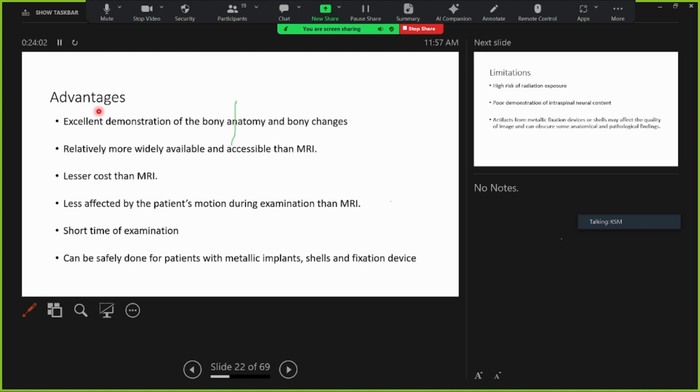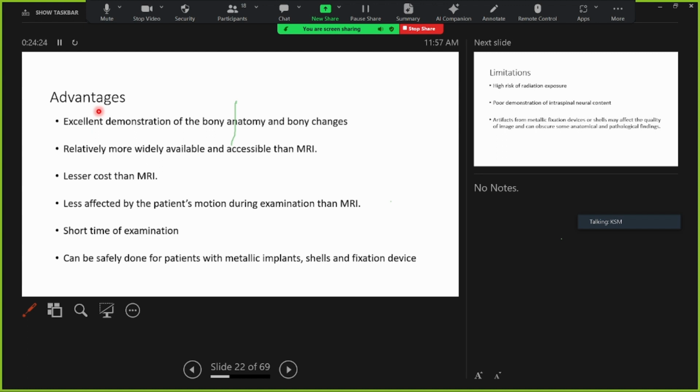So the advantage: it's an excellent demonstration of bony anatomy and bony changes. And it is relatively more available than MRI and much cheaper compared to MRI. You can do it very quickly. Patient motion or uncooperative patients won't affect the image quality.